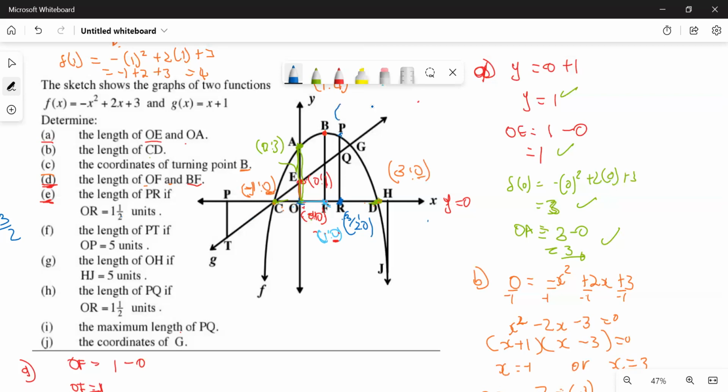So what are the coordinates of P? It's 3 all over 2. It goes with what then?